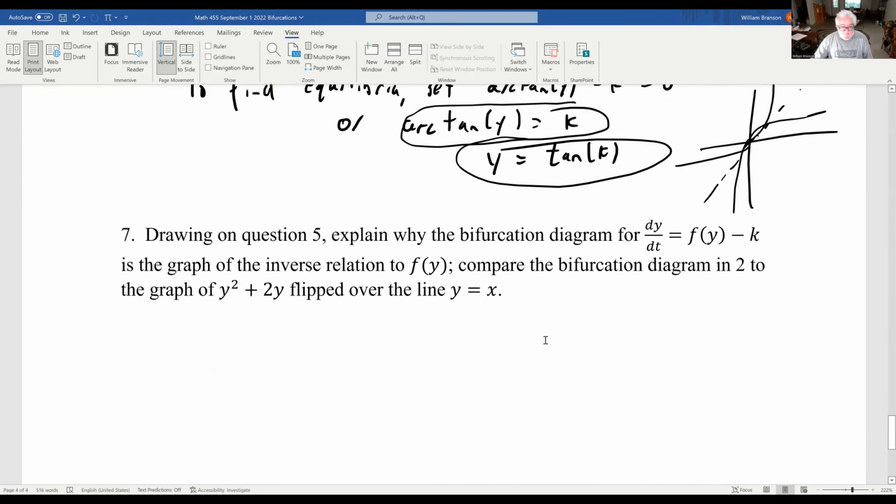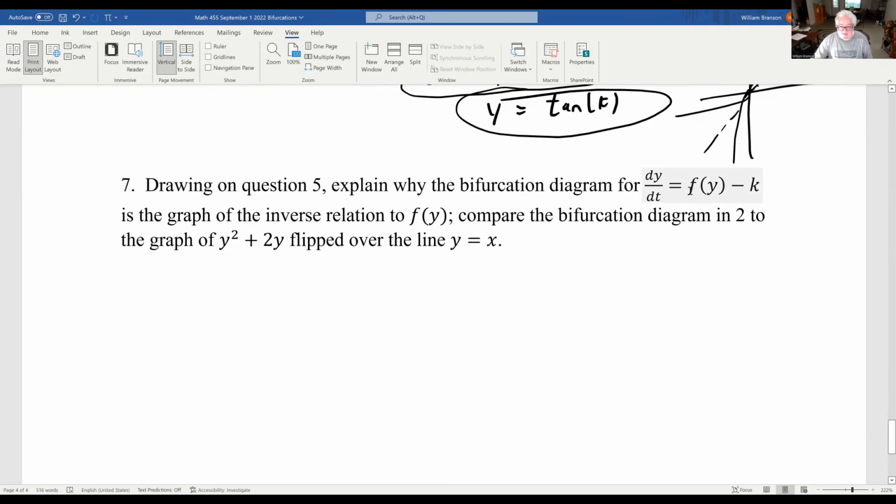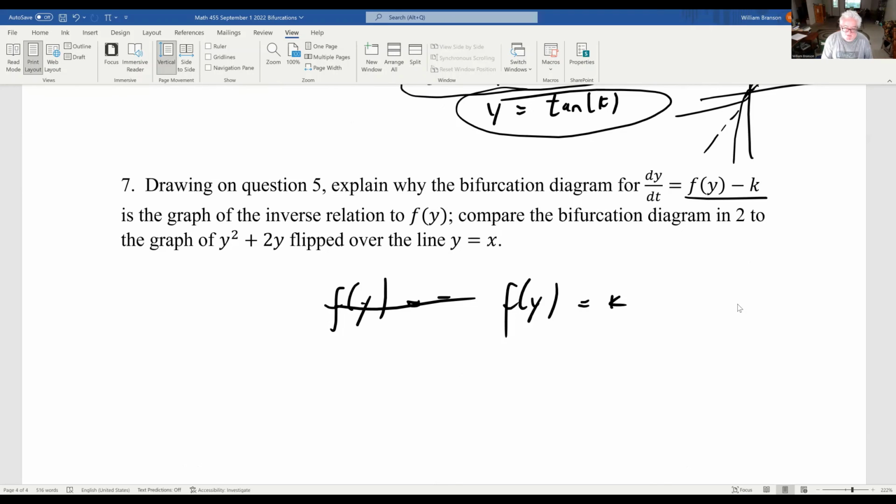So in general, if dy/dt equals f of y minus k, that's the graph of the inverse relation to f of y, because if you solve f of y equals k, which is solving this when dy/dt equals 0, then y equals f inverse of k.